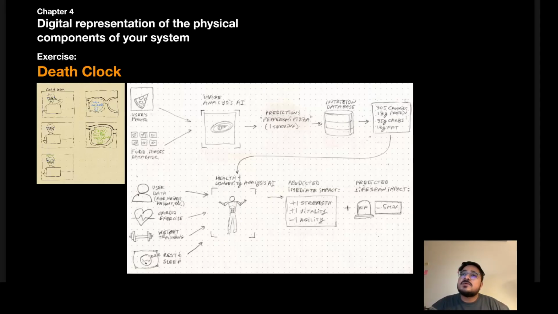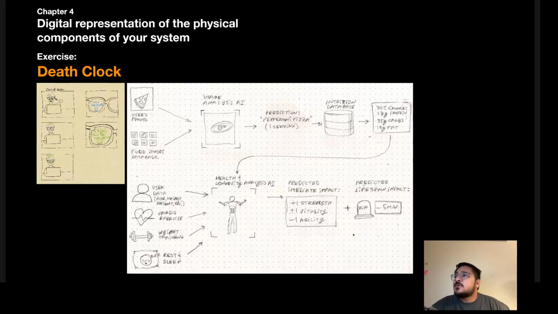Along with that, they are also adding the user's data like age, weight, height, and then their cardio exercise data, their weight training data, and the rest and sleep. And then they are predicting the immediate impact, that okay, +1 strength, +1 vitality, -1 agility, and also the predicted lifespan impact.